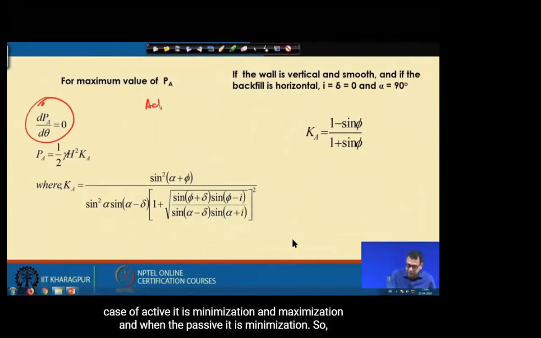So, in the case of active, it is maximization, and in the case of passive, it is minimization.